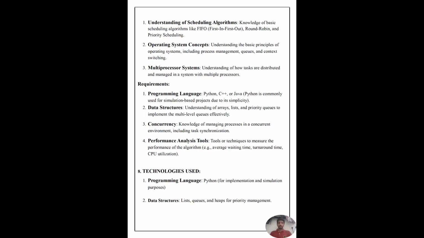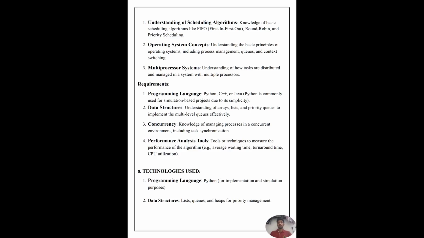And then requirements. Programming languages like Python, C++, or Java. Python is commonly used for simulation-based projects due to its simplicity and extensive data structures. First, we have to understand arrays, lists, priority queues, and linked lists for implementing the multi-level queues effectively, and their algorithms.